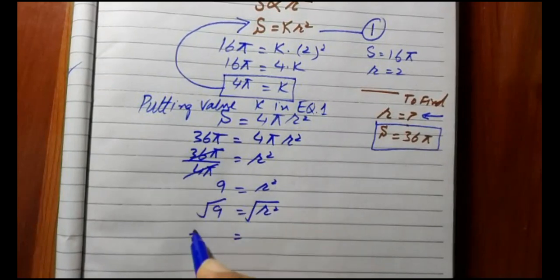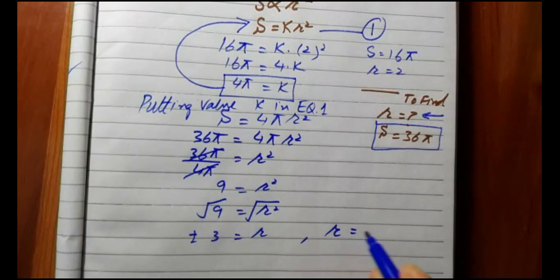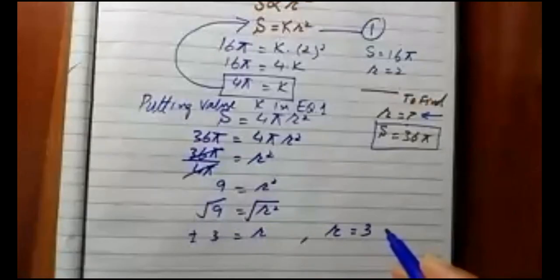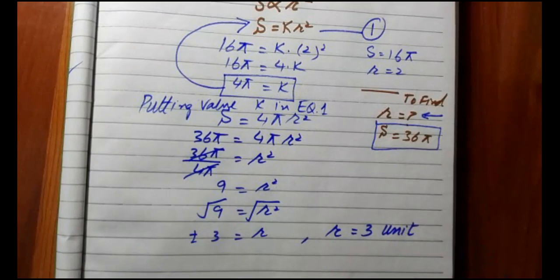And as R is taken as a radius and radius is an absolute quantity, you can write it as R is equal to 3 units. Unit stands for whatever is written in the statement. If it is in centimeter, you will write centimeter. Otherwise, if unit is not written there, you can simply write the word unit. So this completes the question.